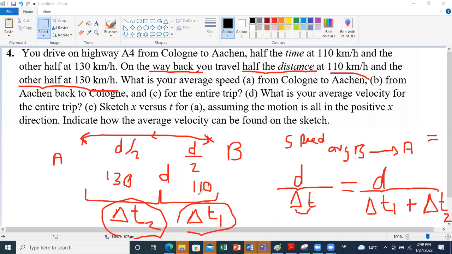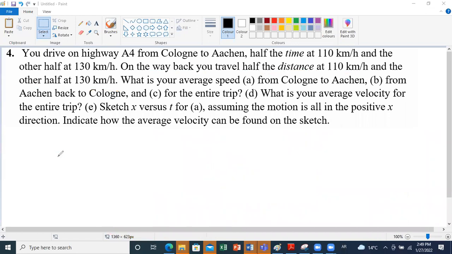So first, what I know about delta t1 is that I'm traveling during this time a distance of d over 2 at a velocity of 110 kilometers per hour. So you know that for constant velocity, the time is distance over v. So I can say that delta t1 can be replaced by what?